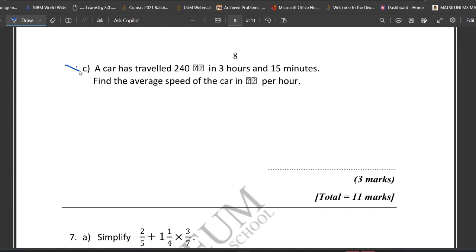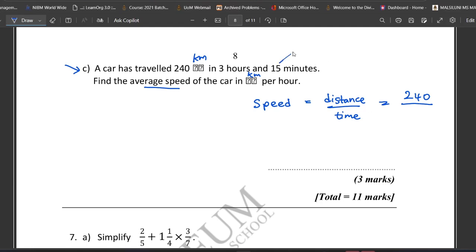Okay, in part a, a car has traveled 240 kilometers in 3 hours and 15 minutes. Find the average speed of the car in kilometers per hour. Let's take it as that. So the speed should be distance divided by time. So distance is 240. Time should be told in hours.